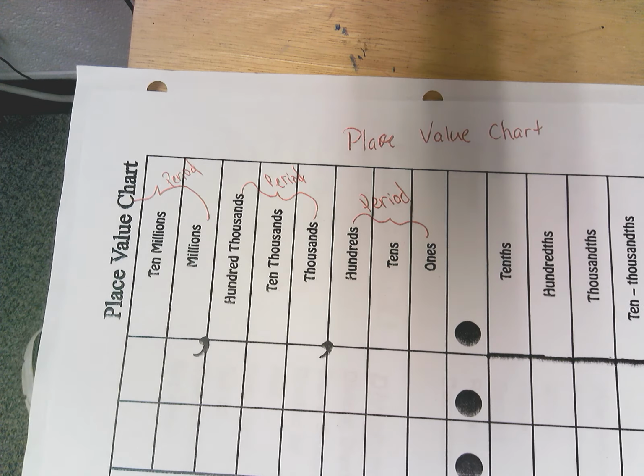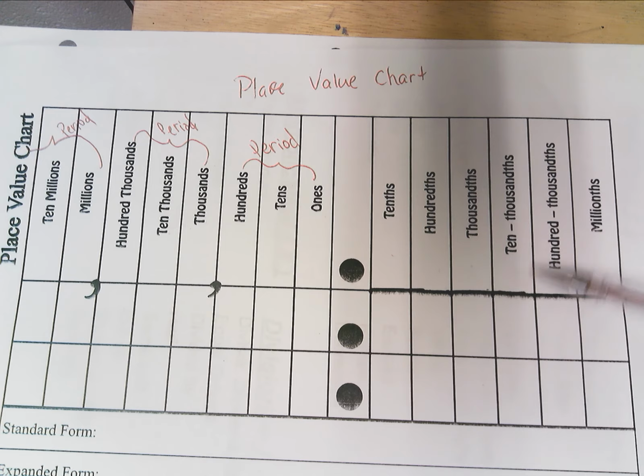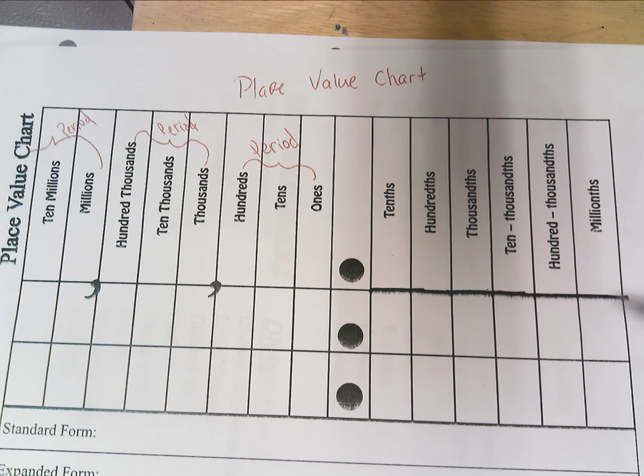We also have a decimal, which is really, really small. That's what this is. This isn't a period, it's a decimal. We made it big here because it is huge. Everything on the left side of the decimal is a whole number. Everything on the right side of the decimal is a part of a whole. So we have a tenth, 100ths, 1,000ths, 10,000ths, 100,000ths, millionths.